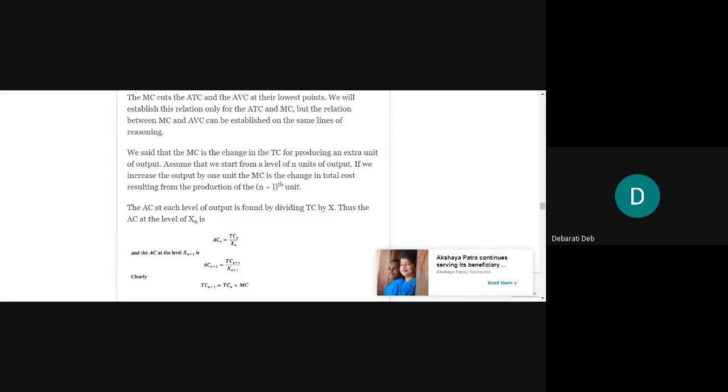So suppose we are starting from a level of n units of output. Then if we increase the output by 1 unit, what will happen? At what unit are you standing now? N plus 1, right? Whatever n is, if it is the 10th, then this is the 11th. If you put a plus 1, it indicates the very next unit.